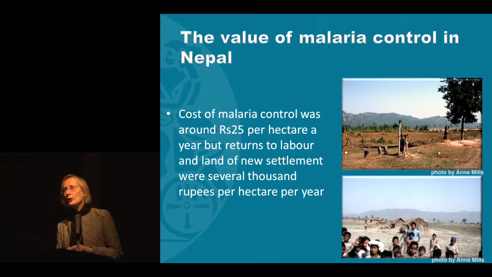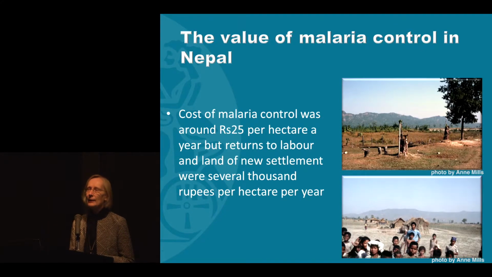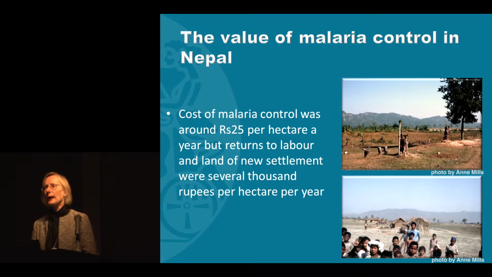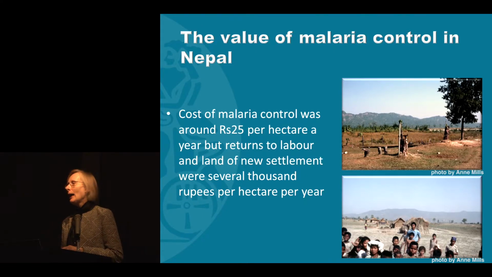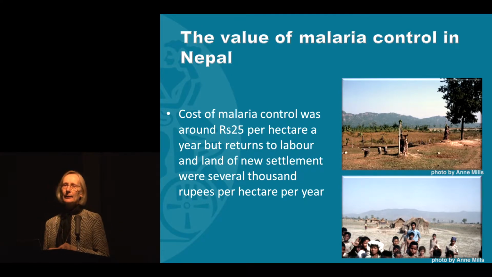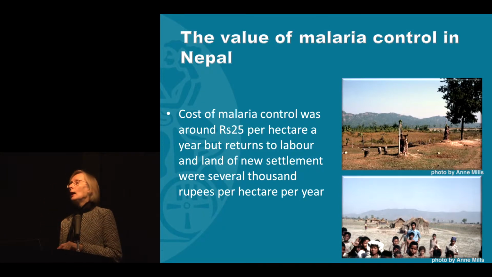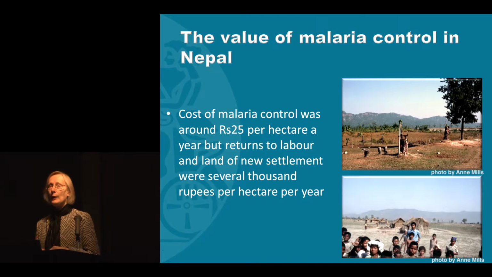So Nepal was an interesting country. At this time, there was a lot of justification of malaria control as a way of opening up new land. The narrative was that because of the amount of malaria in particular countries in Asia, land was unproductive, unused, and that therefore if you put malaria control measures in place, it would enable that land to be productive.